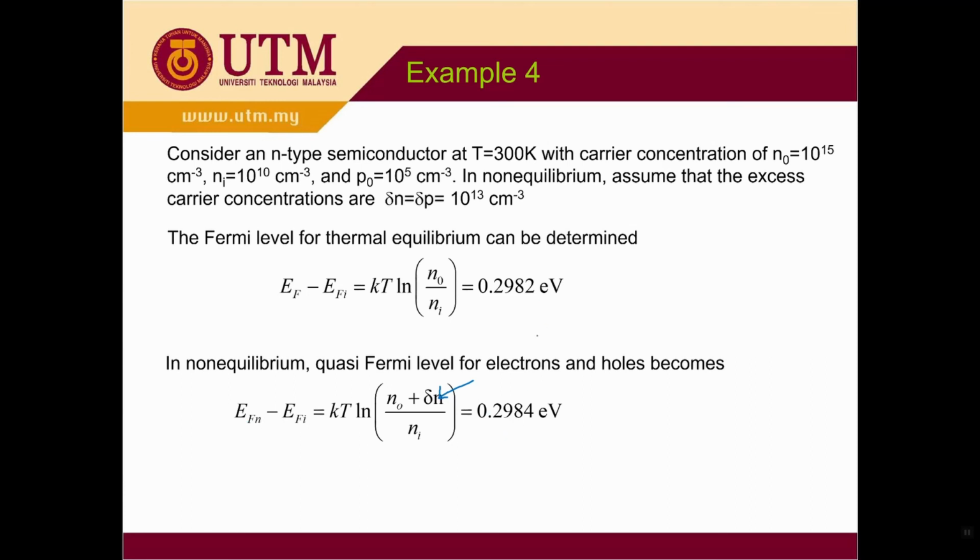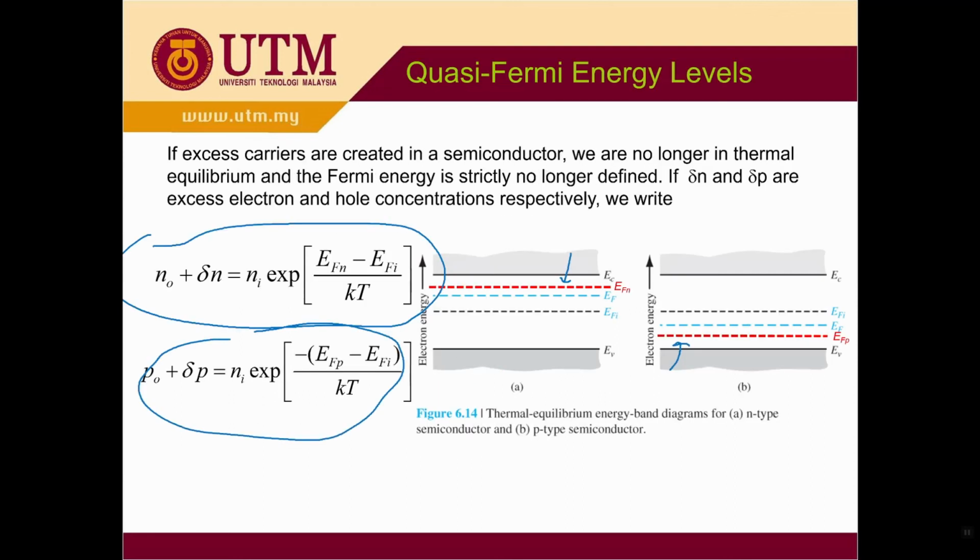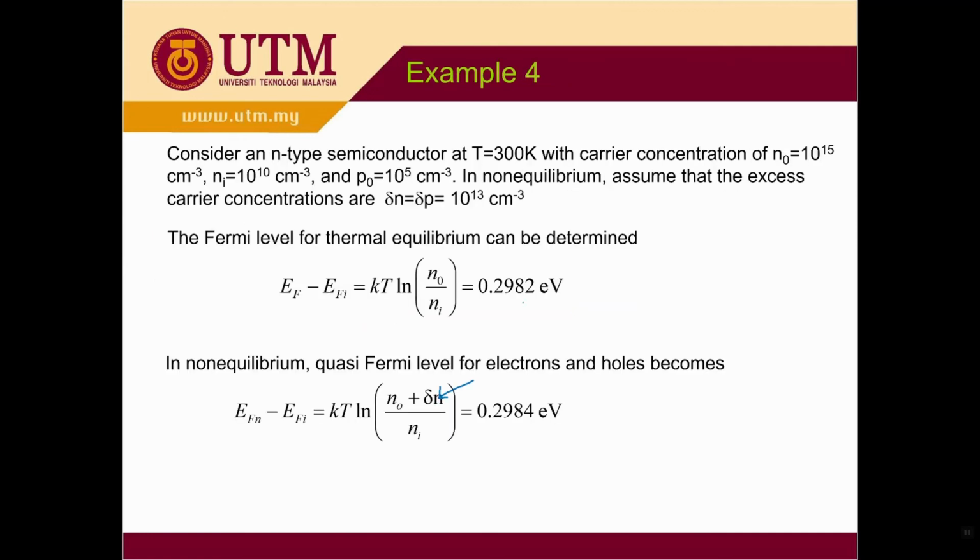It's just a very small change. If you look back at EFI before, EF, EFI, EFN, EFI. For EFP minus EFI, you use P0 and delta P, and you get this answer.